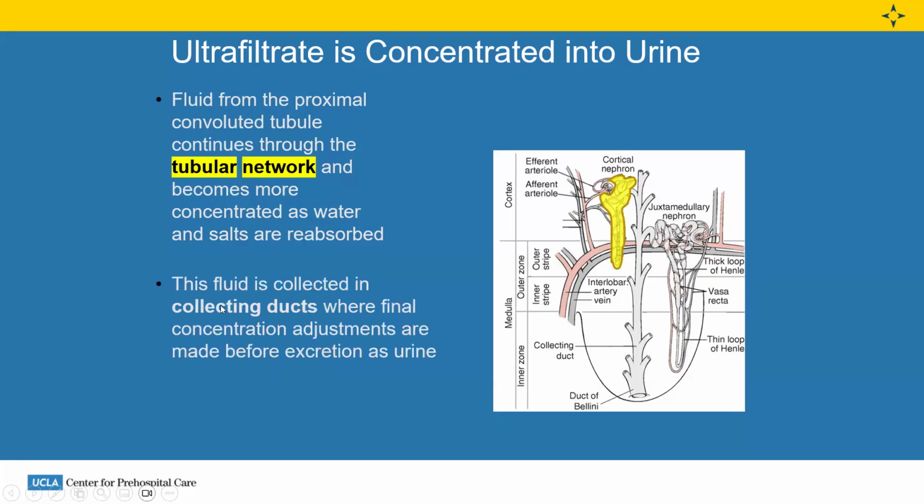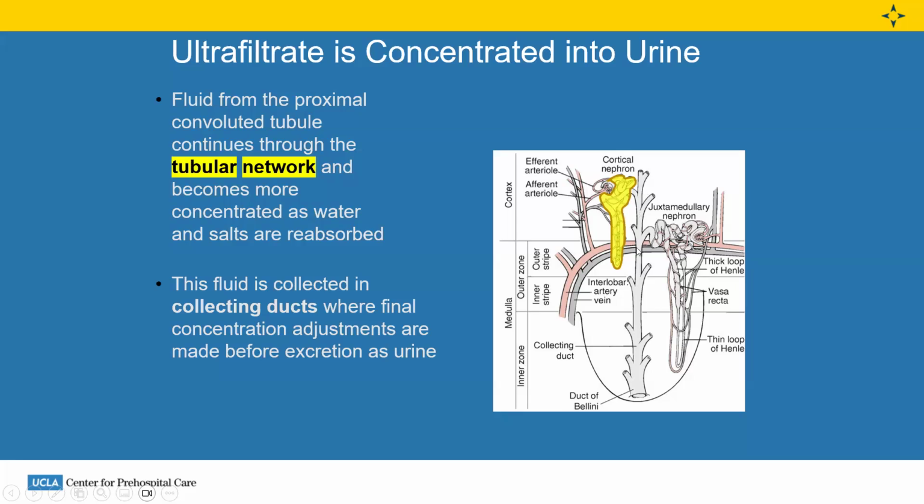Then fluid from that tubule system is going to be collected in our collecting ducts. Remember, that's that kind of striations down our renal pyramids, right? And that's where our final concentration adjustments are made, right? So if you notice when you're really, really dehydrated, you have that dark urine versus when you're hydrated and it's kind of clear.